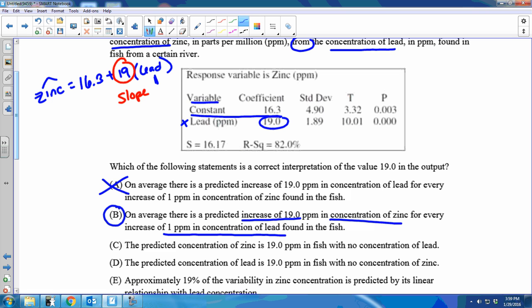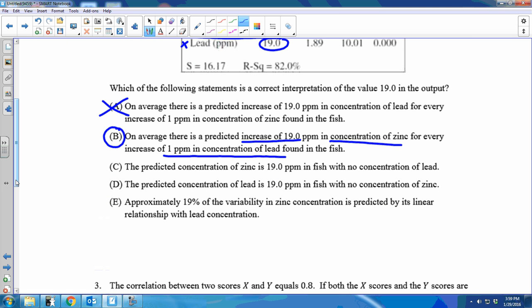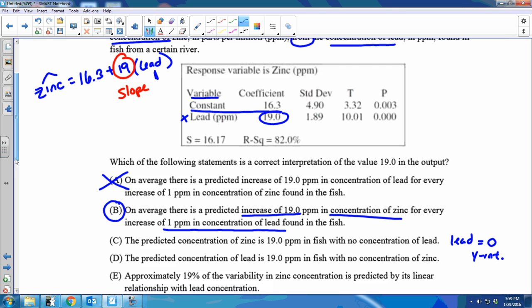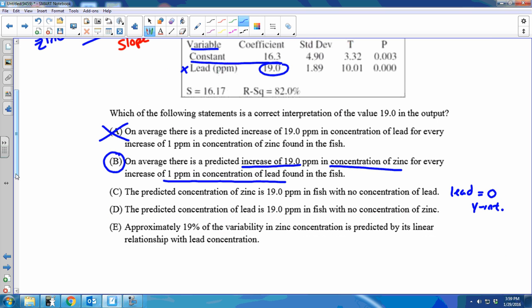That's correct. Let's look at these other choices. C, the predicted concentration of zinc is 19 parts per million in fish with no concentration of lead. That means that lead equals 0. That would mean they're talking about the y-intercept, and the y-intercept is 16.3, so that's incorrect. D, the predicted concentration of lead is 19 parts per million in fish with no concentration of zinc.